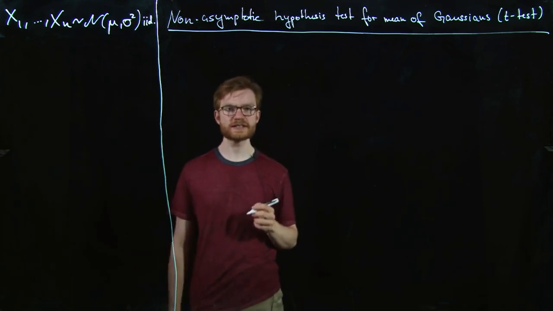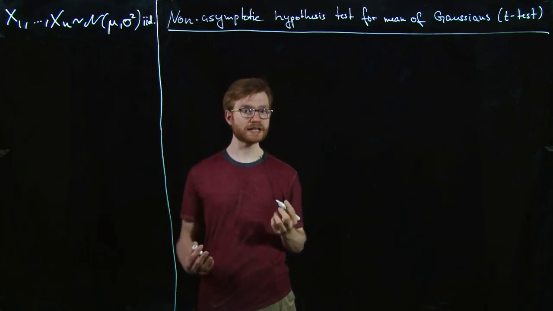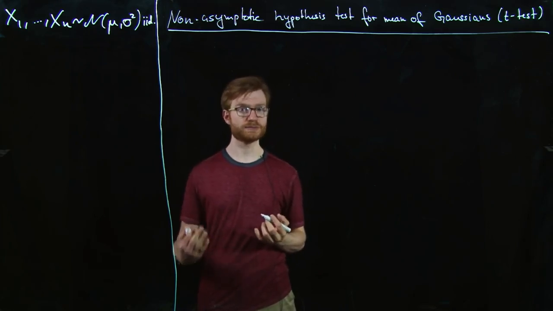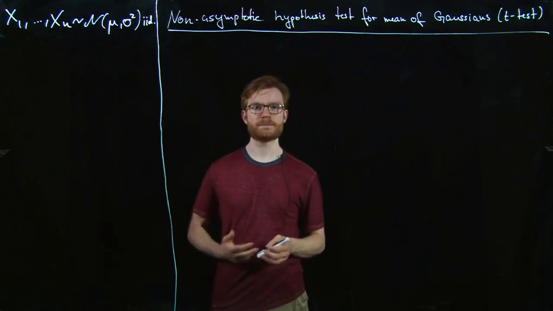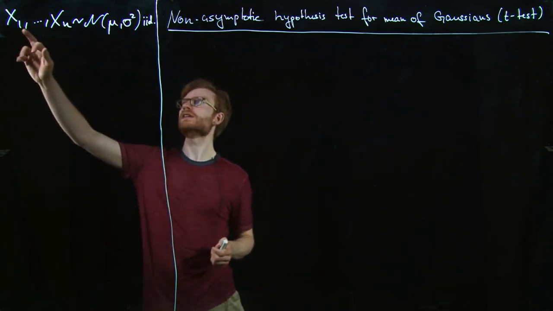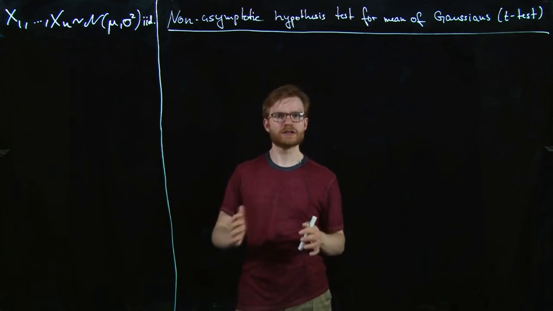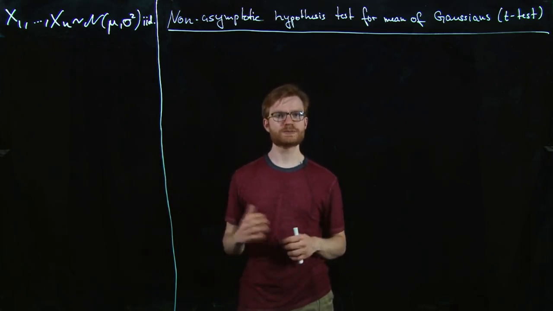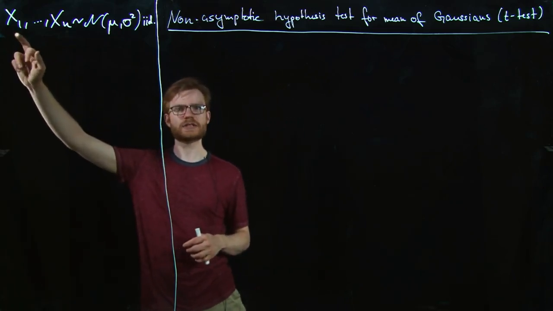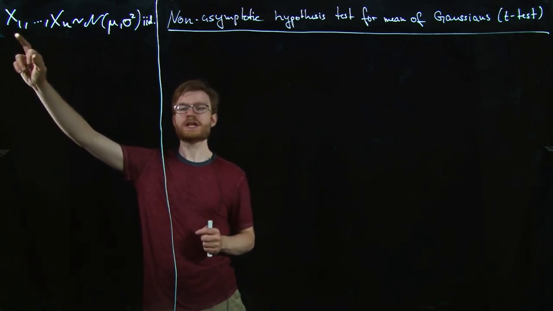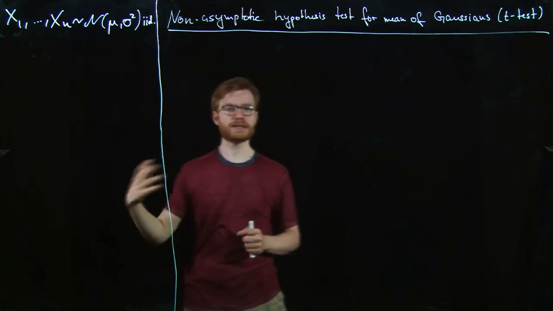In order to be explicit, one example you could think about is you are developing a new drug, let's say, to lower a patient's blood pressure. Now, you administer that drug to a couple of people, 1 to n. And we are simplifying a lot here, and we're just assuming that the response of every person, so let's say xi, actually records the difference of blood pressure before and after administering the drug.